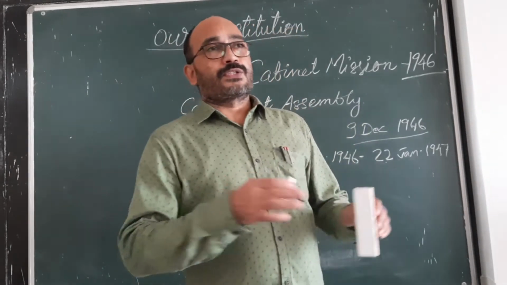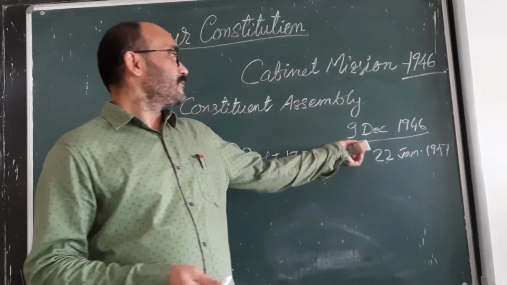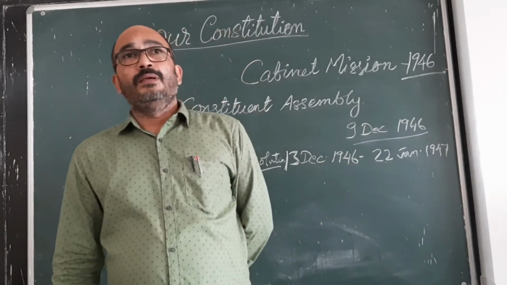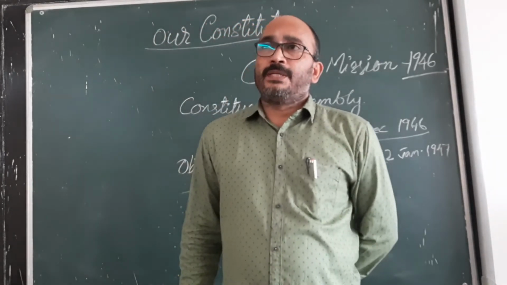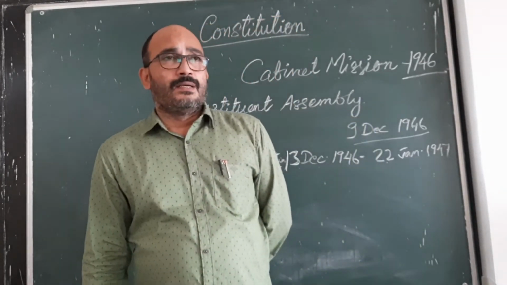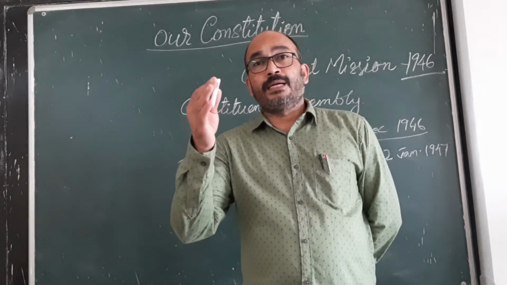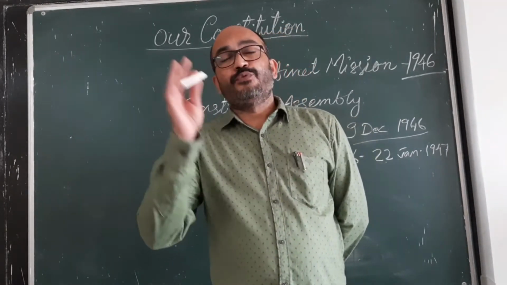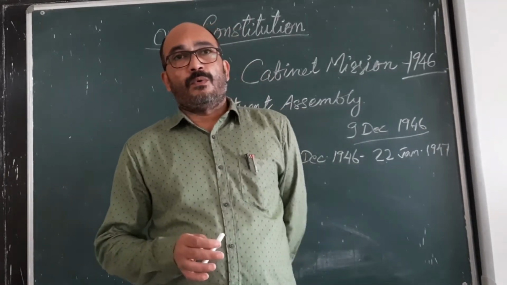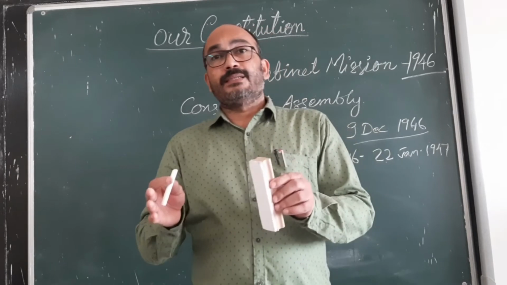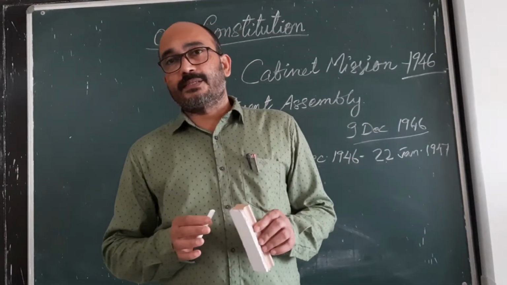The Constituent Assembly started functioning from 9 December 1946. When it started functioning, all the members of the Constituent Assembly were divided into 8 different committees.